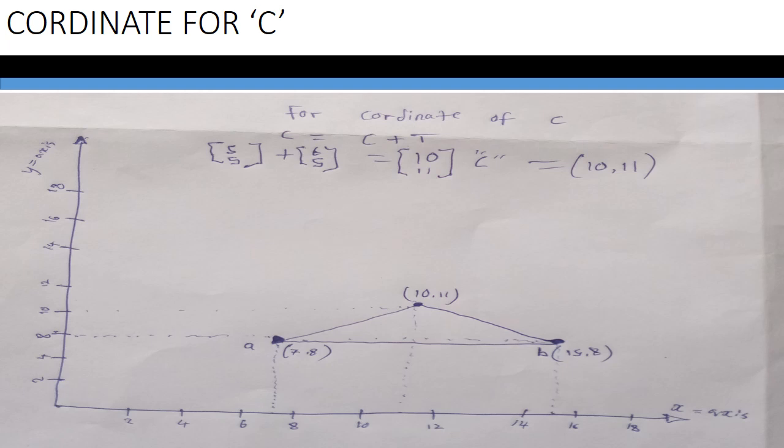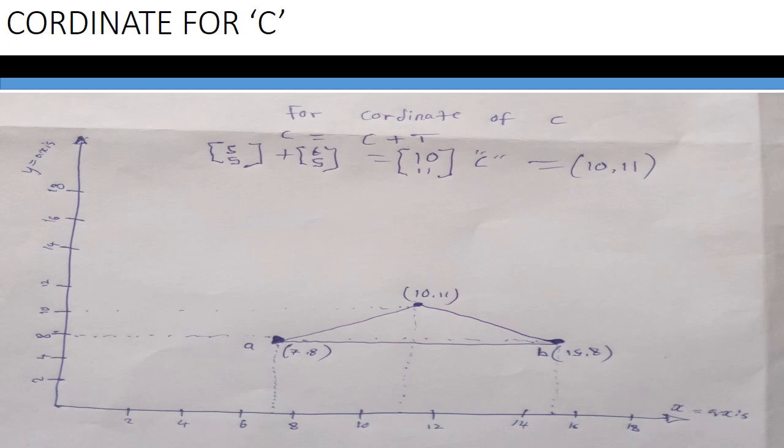our coordinate of C is represented as 10 and 11. So the 10 is at the point of the x-axis, while the 11 is at the y-axis. So we are to find 11 in between 10 and 12.